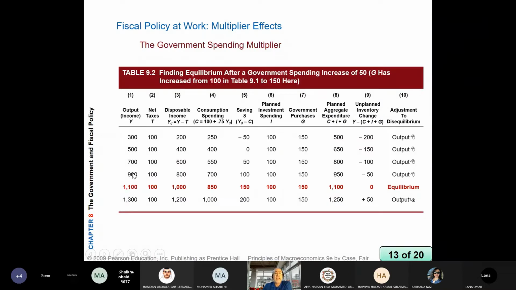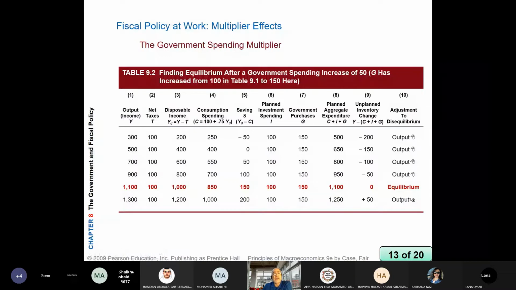Because at 900, after the increase in government spending by 50, planned aggregate expenditure will be more than aggregate output, or demand will be more than supply. That will lead to an unplanned decrease in inventory. The business sector will react by increasing output until we reach equilibrium.